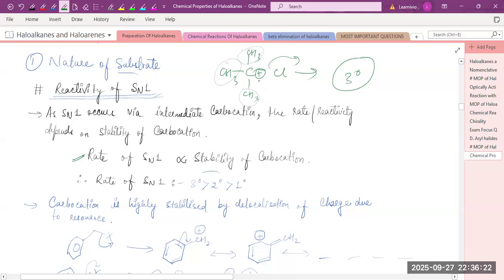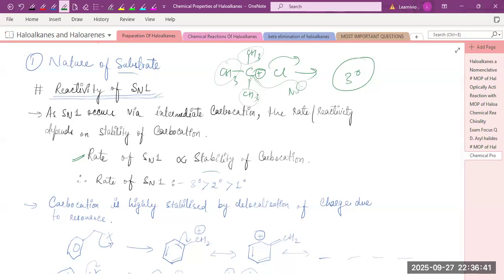Then the nucleophile will come and attack this carbocation, and the rate will be very fast as compared to secondary and primary.